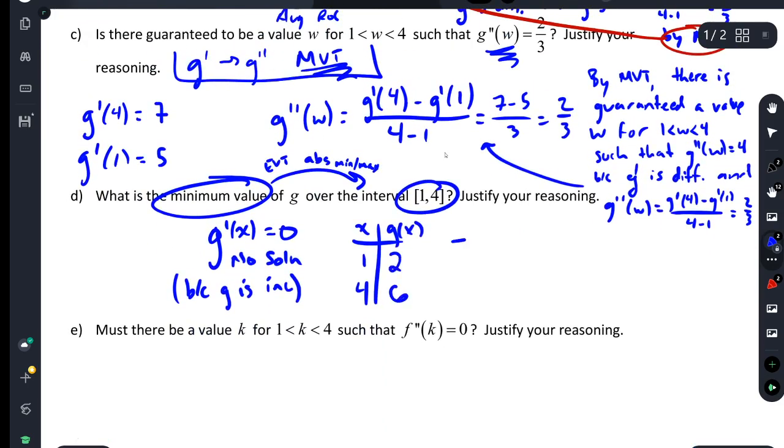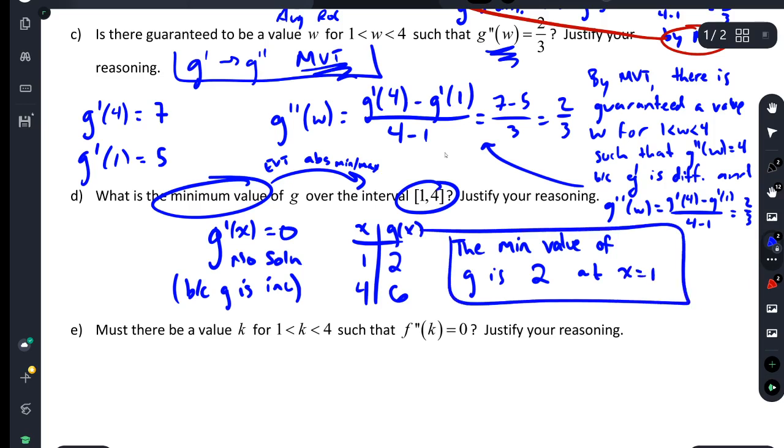So we'd say the minimum value of G is 2 at x equals 1. And you don't really need to say by EVT on this one because you showed it with the table.